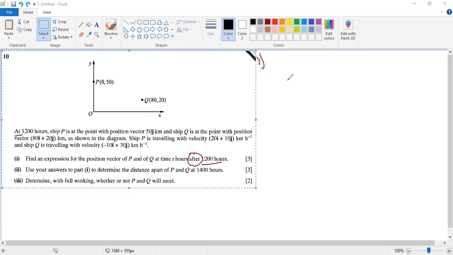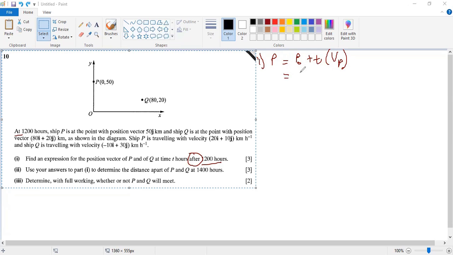The position of P will be P naught, which is normally used to indicate the initial position vector, plus t hours times the velocity of P, vP, in component form.